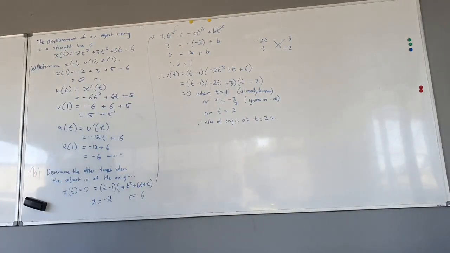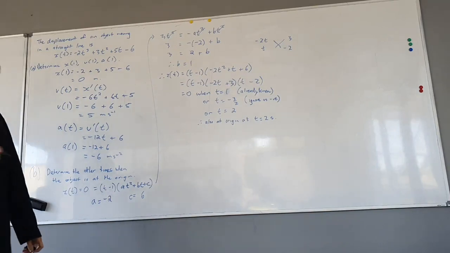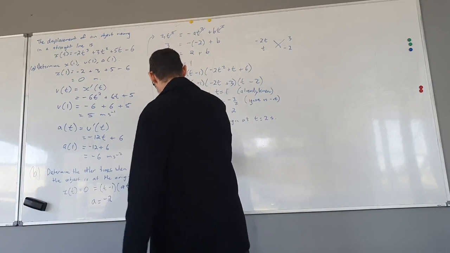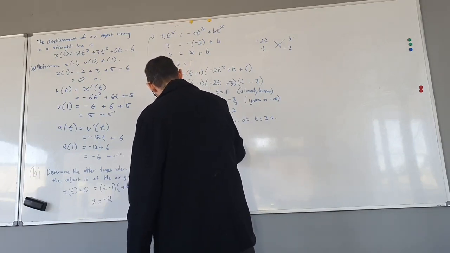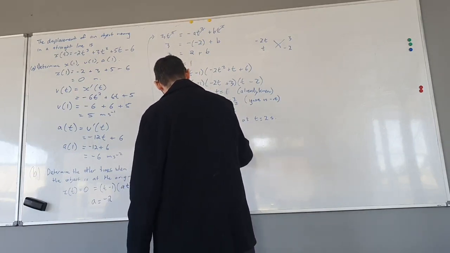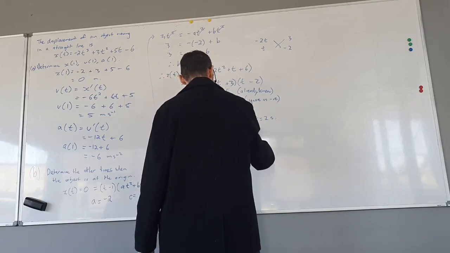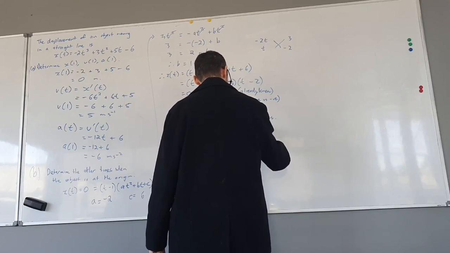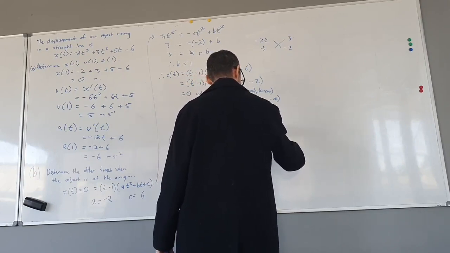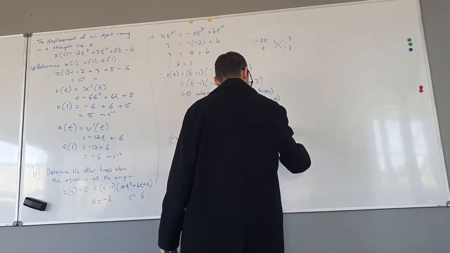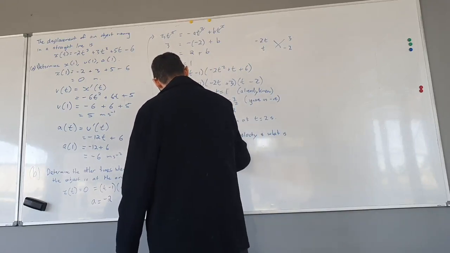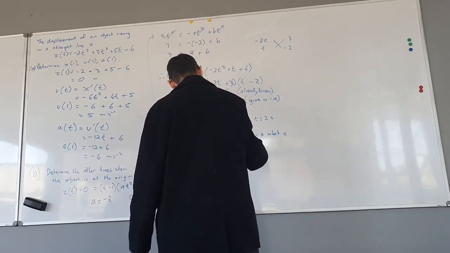Determine the time when the body is moving at maximum velocity and the value of the maximum velocity. Methods, here we go. Determine when max velocity and what is this maximum velocity.